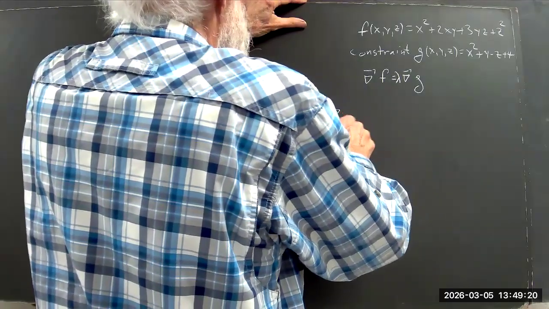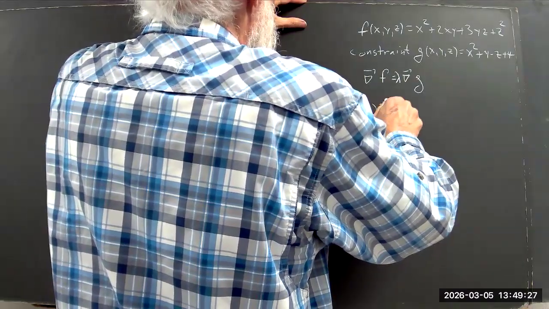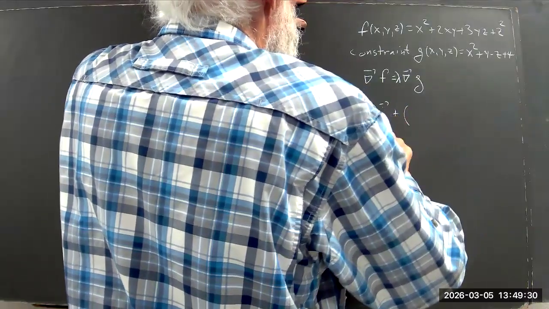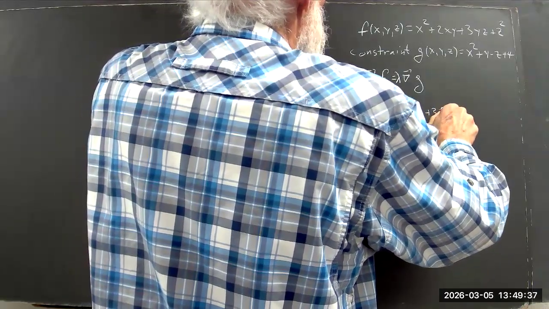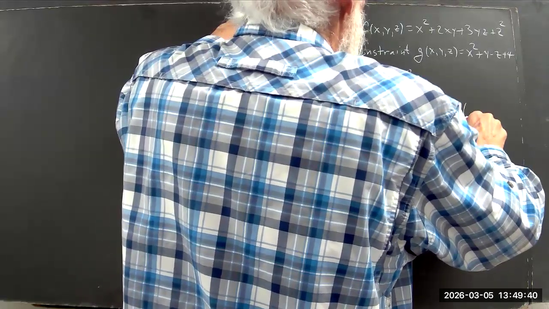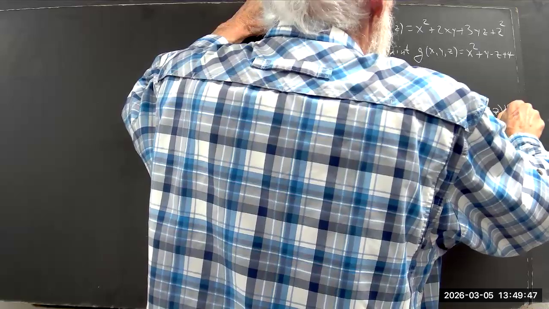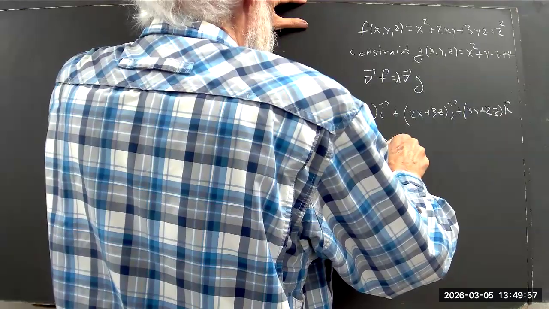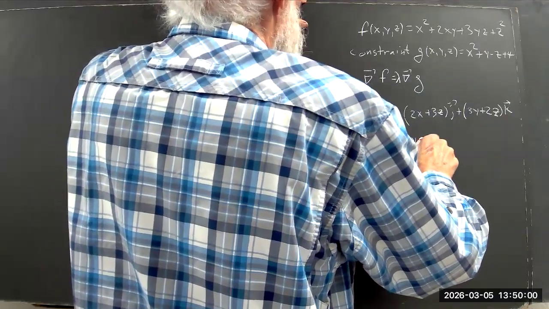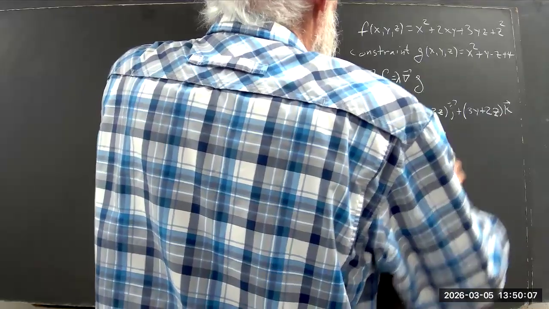Well, del F is (2x plus 2y) I plus (2x plus 3z) j plus (3y plus 2z) k. Del G is 2x I plus j minus k.